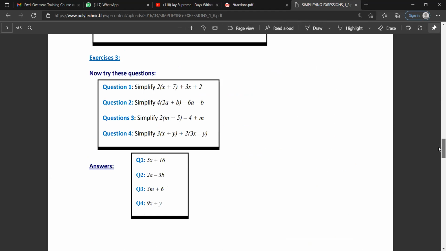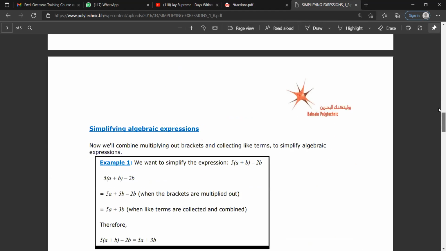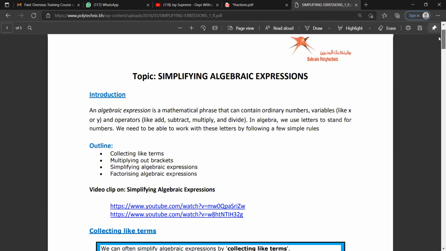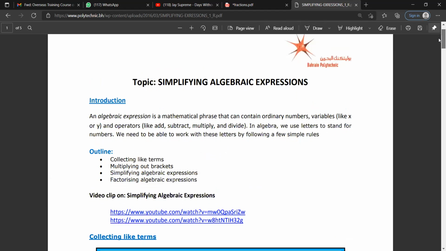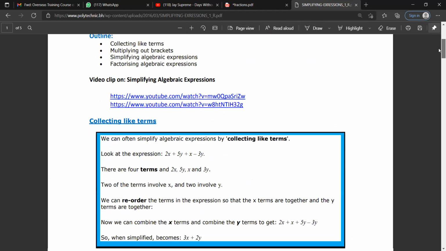Yes, all of this will go through. And this is a nice handout: simplifying algebraic expressions.